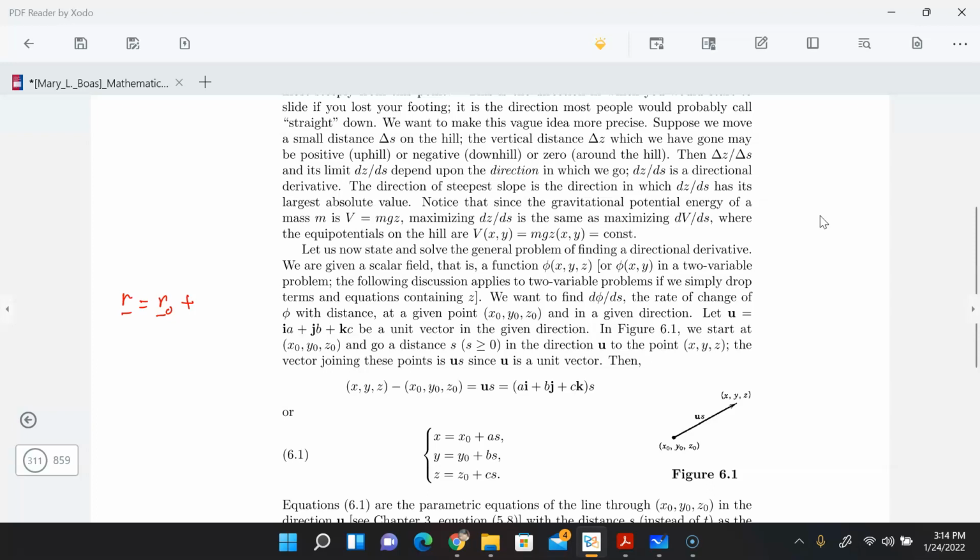Let's use the same thing: specified direction u times the parameter s.